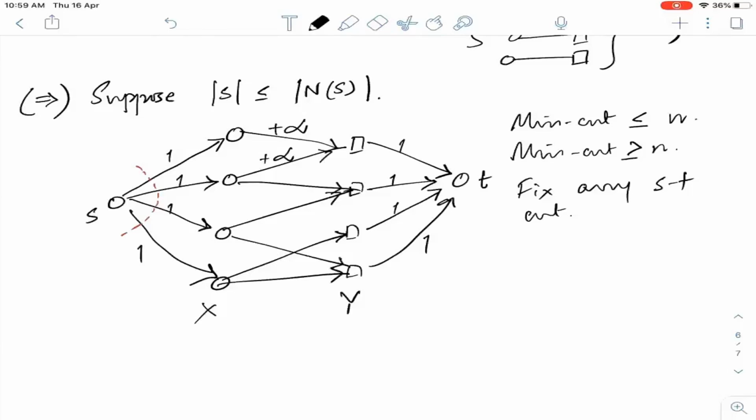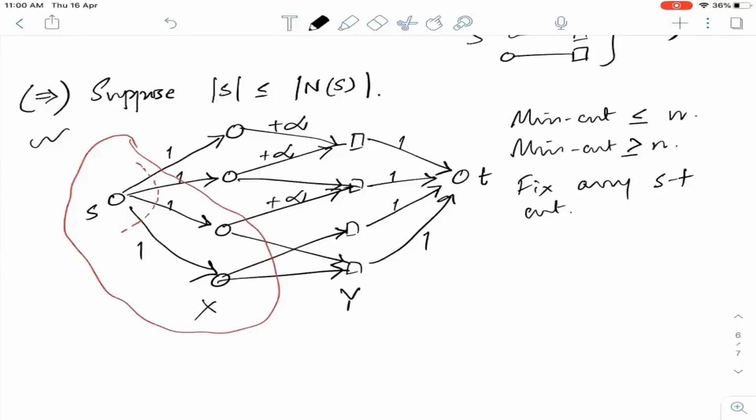Remember I'm now arguing about any s-t cut in the graph. So suppose your cut looks something like this. You have s and this is your cut.